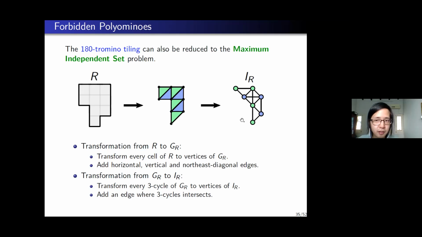Each vertex in the intersection graph is a 180 tromino in the region, and if there is an edge between two vertices, the corresponding 180 trominoes will overlap each other.